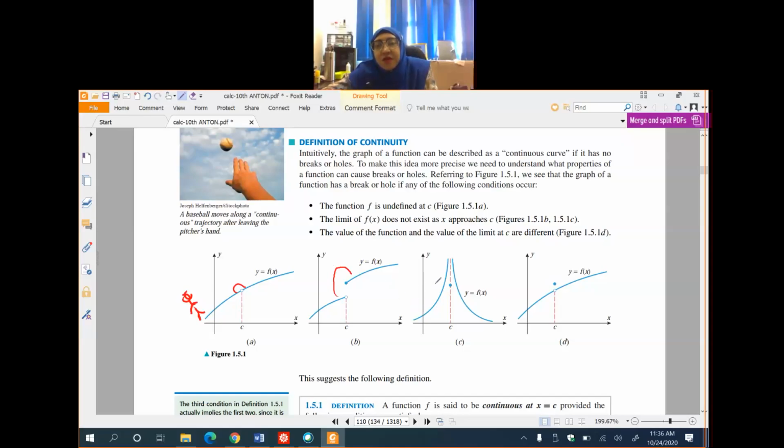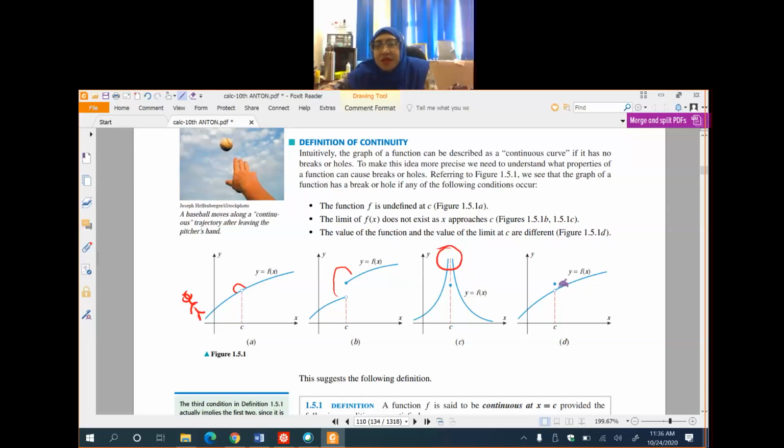If you try to walk along this graph, you cannot reach the other side, because you would have to do a very long jump here in order to go to the other side. It's not possible because it's approaching plus infinity over here. So it's not continuous.